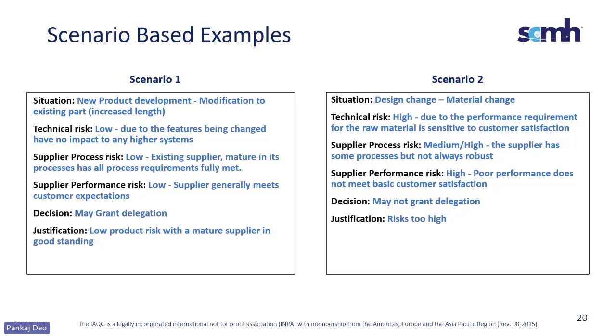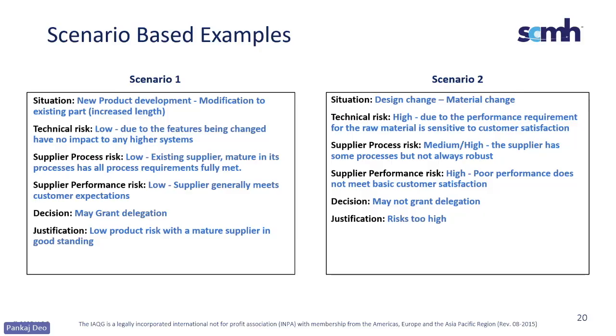So all in all, the customer can decide: I have a technical risk, I have medium and high risk in terms of supplier process itself, and a risk where the performance is also not there. So it doesn't make any case to delegate to the supplier.